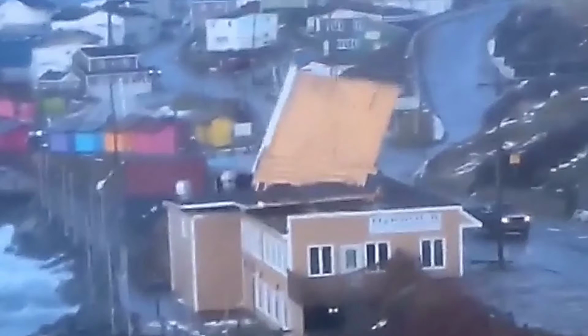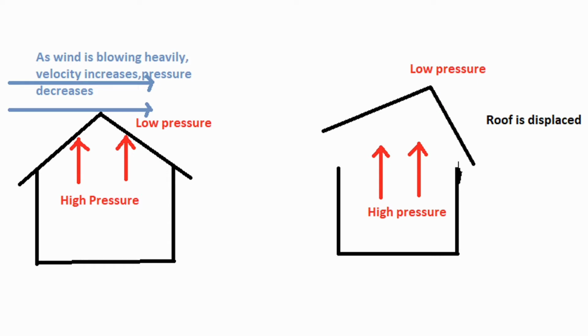This is because when high speed winds blow over the roofs, the air pressure above the roofs is reduced. Thus, the higher air pressure below the roof exerts a large force to lift up the roof, which can be blown away by the fast winds.